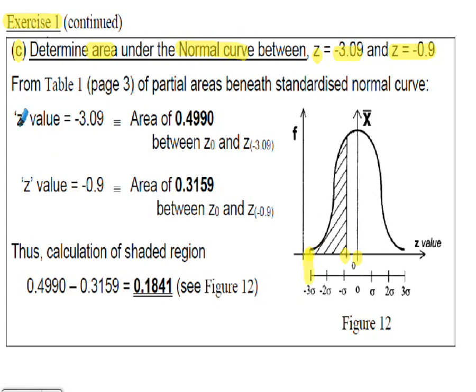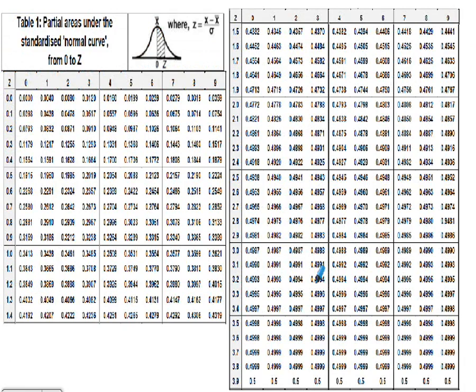So for a z value equals to minus 3.09, the area from our table 1 is 0.4990. I can check that on the table for minus 3.09, so here is minus effectively 3.0, and the 9 up here gives us a value of 0.4990, that's what we read there.